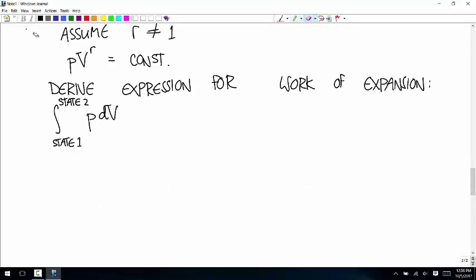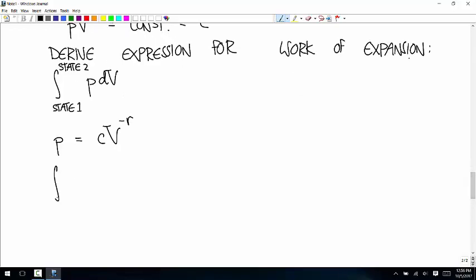Well, in order to do this integration, we have to express the pressure as a function of volume. So I'm going to call this constant C. So P is equal to C times V to the minus n. And then the integral from state 1 to state 2 of P dV, I can write as, I'll pull the C out, so we just have V to the minus n dV.